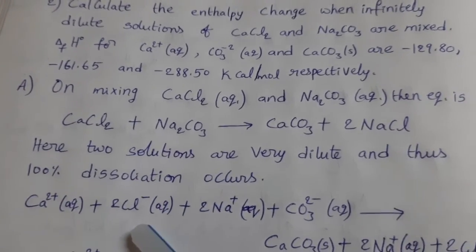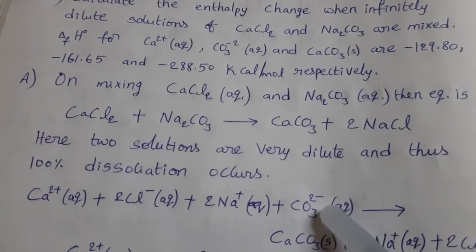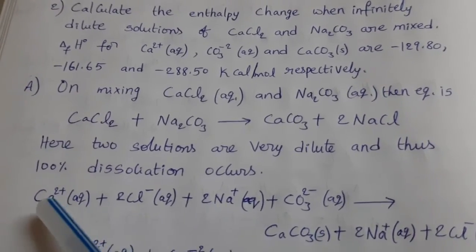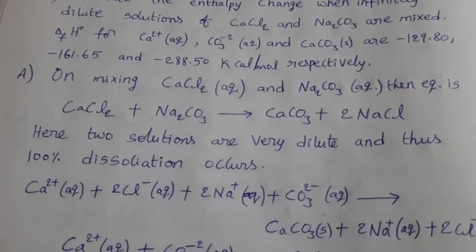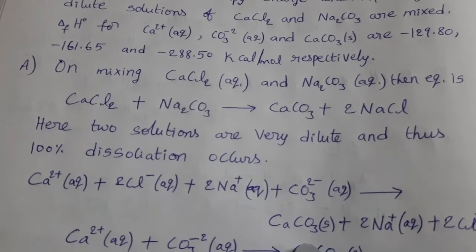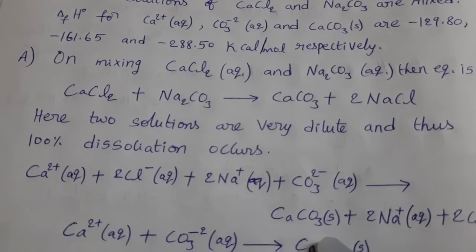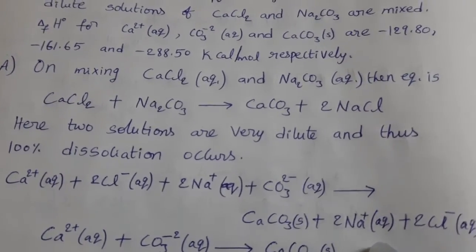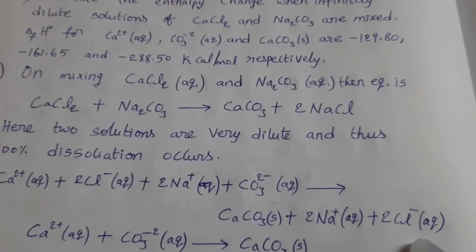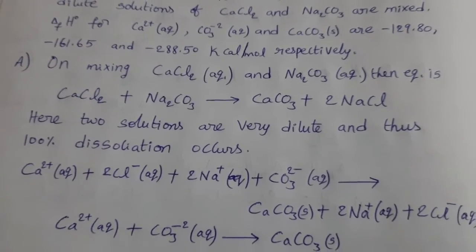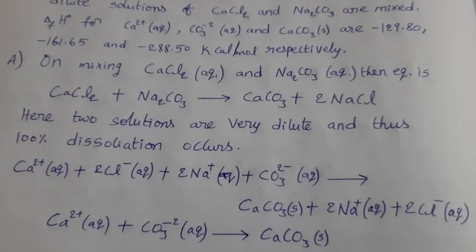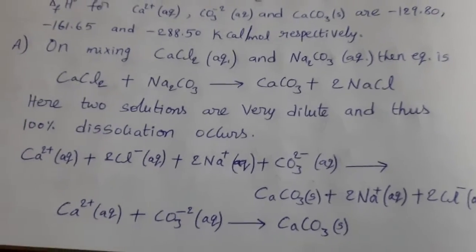Calcium ion, chloride ion, sodium ion, carbonate ion. This calcium ion and carbonate ion combine with each other and form calcium carbonate in solid form, CaCO3, plus 2Na+ plus 2Cl-, because here NaCl is a strong electrolyte, that's why it can produce ions.